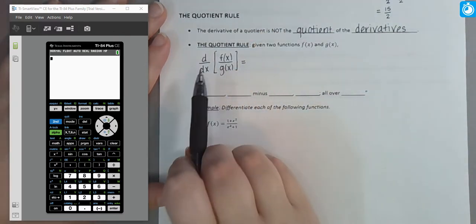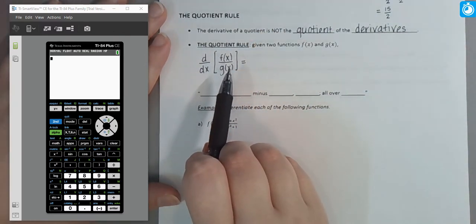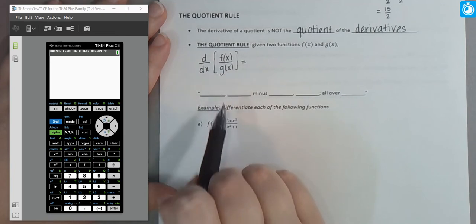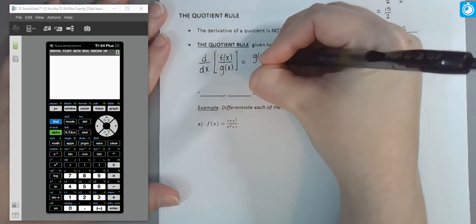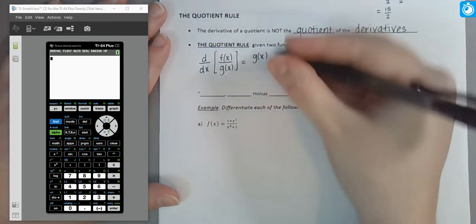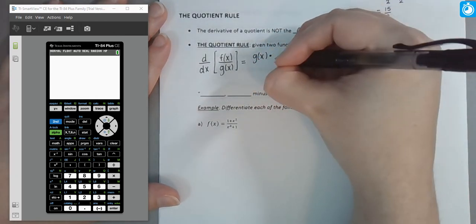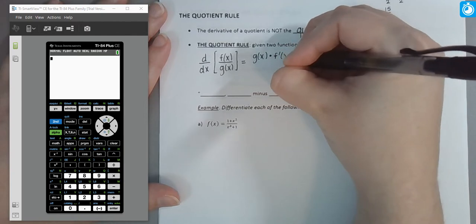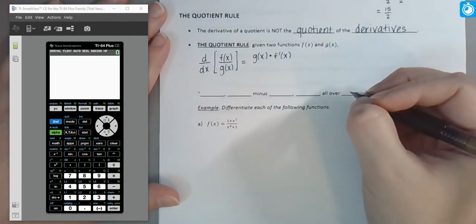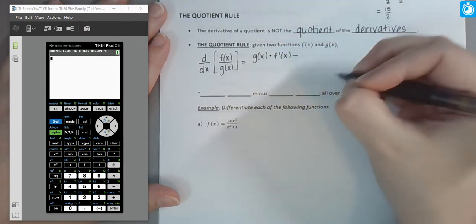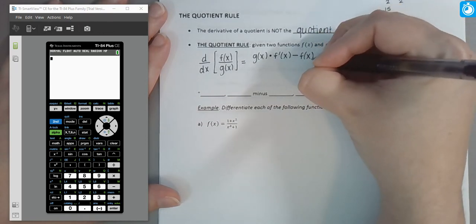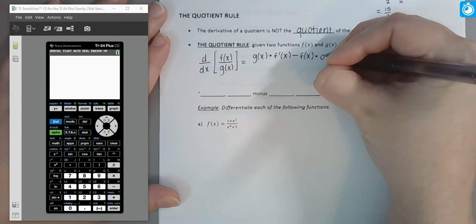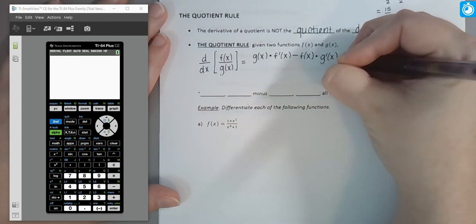When we differentiate the quotient of two functions, it's going to be the lower function, g of x, times the derivative of the upper function, so f prime of x, minus the upper function times the derivative of the lower function.